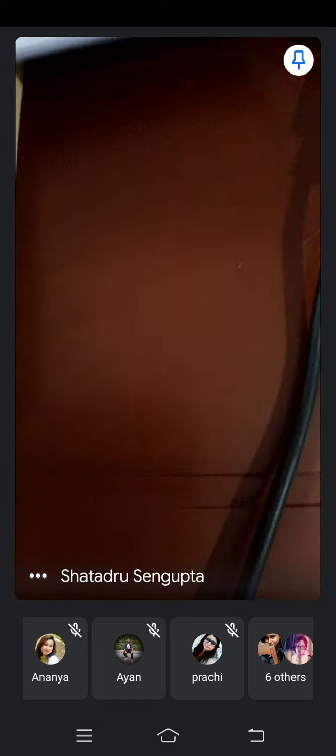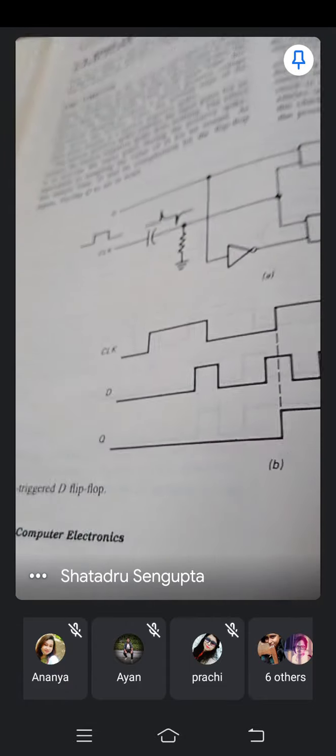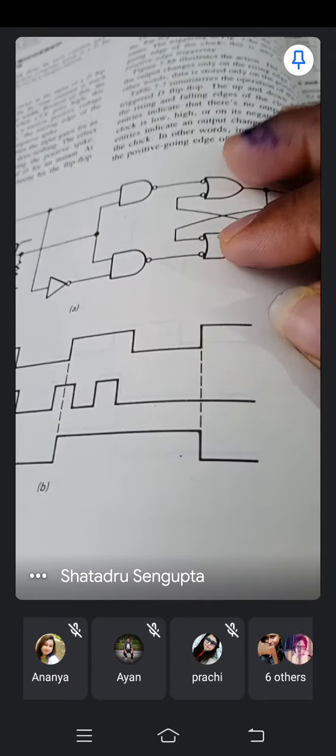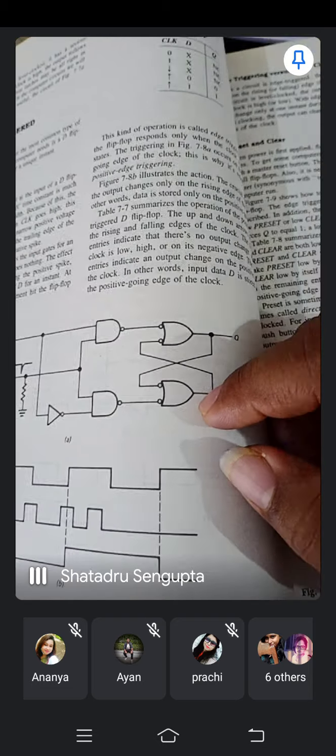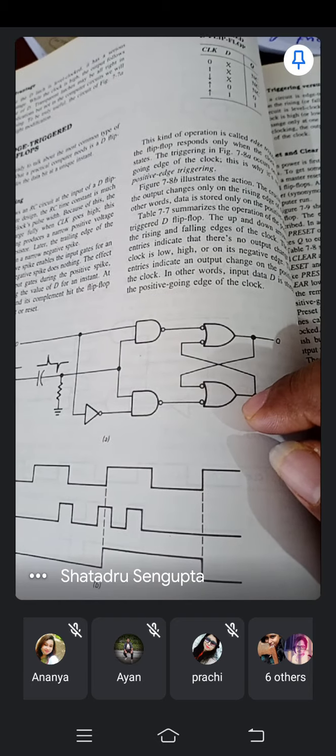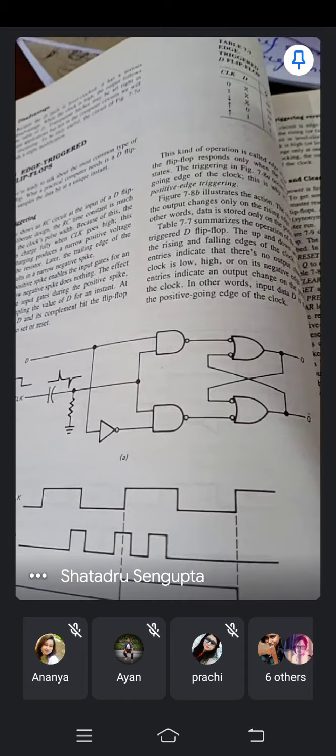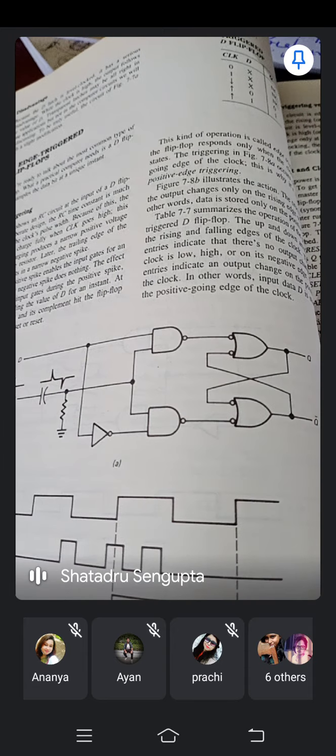Now we'll look at another flip flop, the D flip flop. We have the D latch, the data latch, and you've seen the data latch. Now this is the data flip flop.